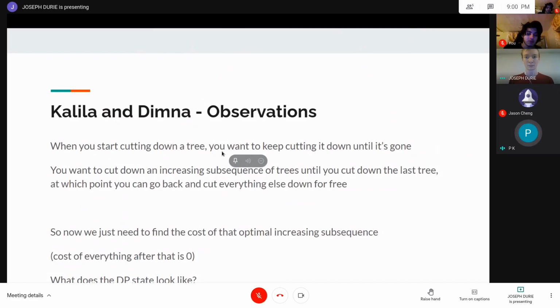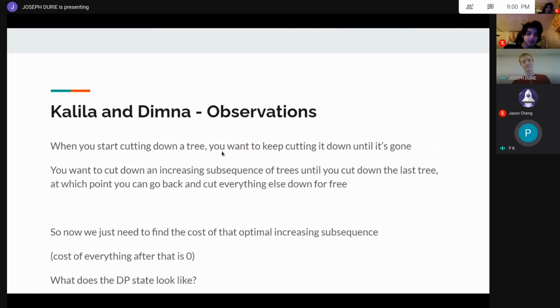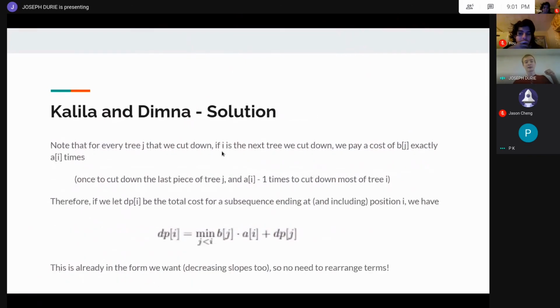The best previous one would be stored in DP I-1, and then plus whatever the cost was at that index times the current height. Yeah, you want to do that over all the indices, not just I-1, but that's the right idea.